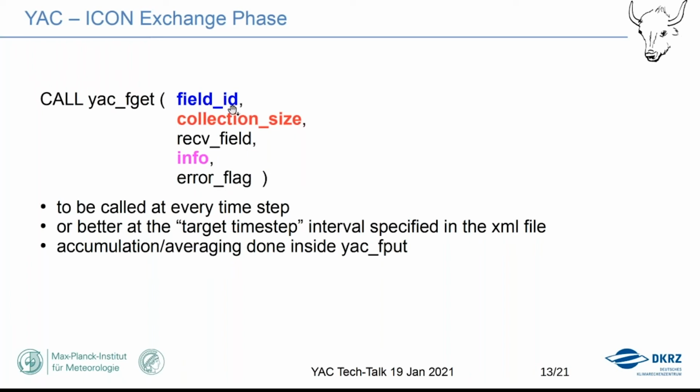So this YAC FGET can be called at every time step. Accumulation and averaging is done inside YAC, or on the other side at the put. And then the FGET would receive the accumulated or averaged fields, or there's also a possibility to exchange instantaneous fields.